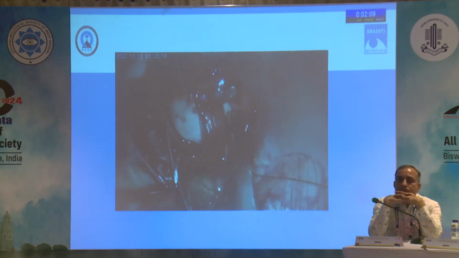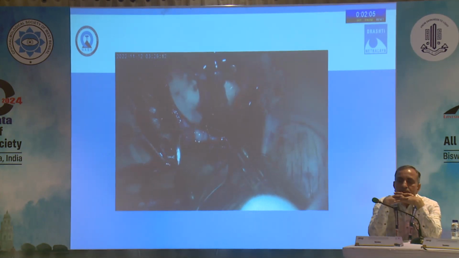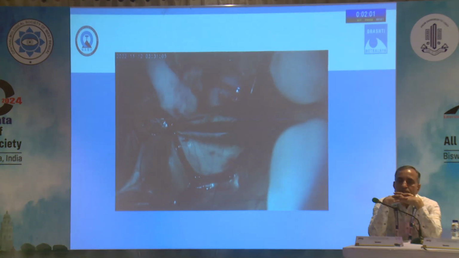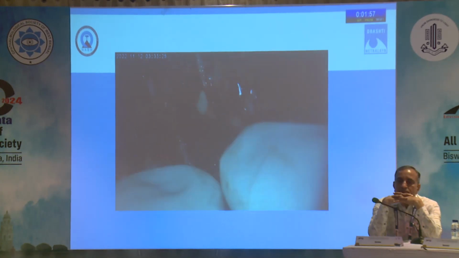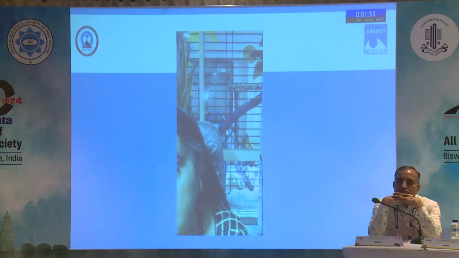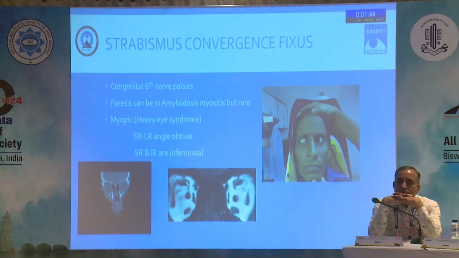We did a modified Nishida's technique. So 8 millimeter behind the muscle, you just pass the non-absorbable suture, split there, and 10 millimeter from the limbus, you can just put the suture together, and this is the post-operative result immediately on the next day of modified Nishida. So that is also a choice of treatment.